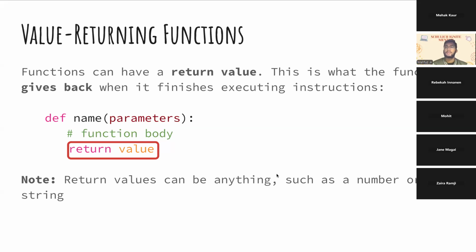So return values can be anything, such as a number or a string. The return value gives a value back that you can either use in maybe a different function, or you could print it out, or you can assign it to a variable in your code.